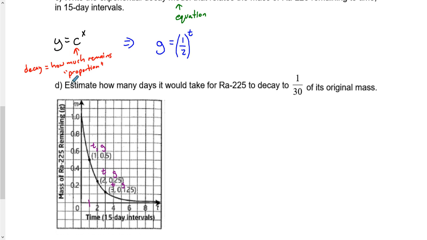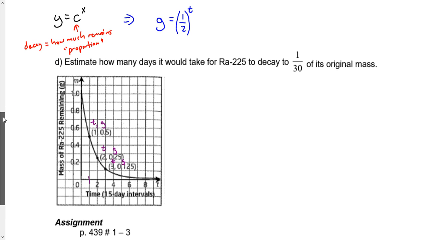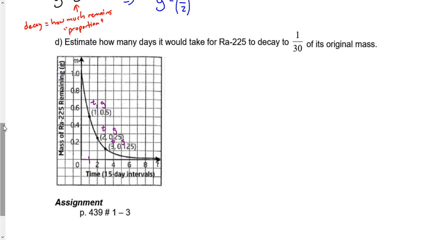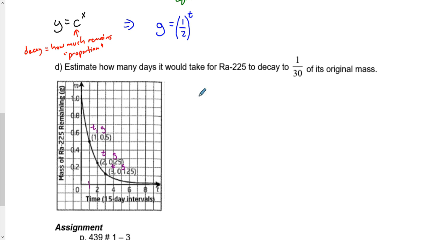All right, last thing. Estimate how many days it would take for that radium-225 to decay to 1/30th of its original mass. Well, because we have the equation, what it is essentially asking is when is the mass 1/30th, or as close to as possible. This one can be done relatively well as a trial and error because it's really nice to deal with.